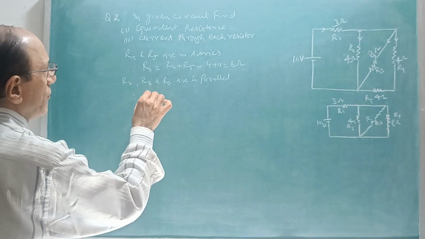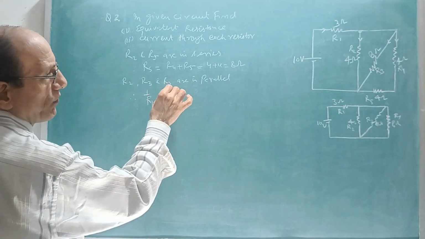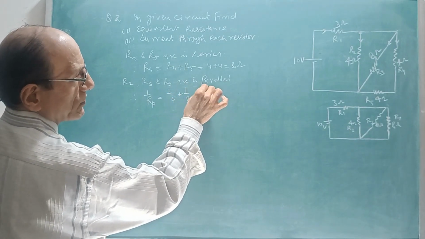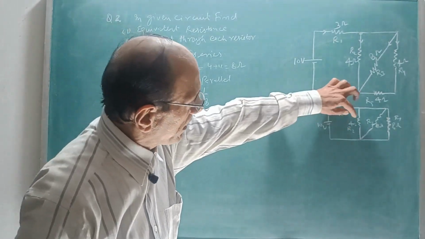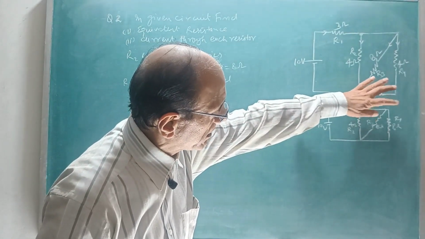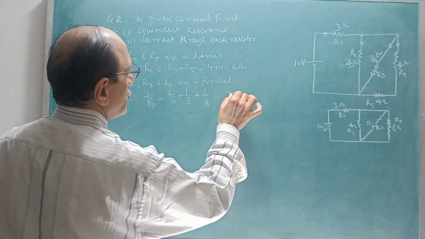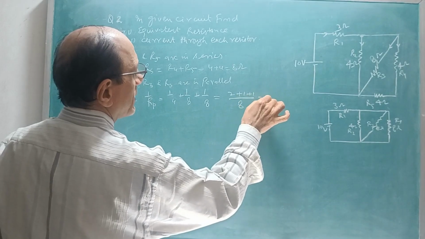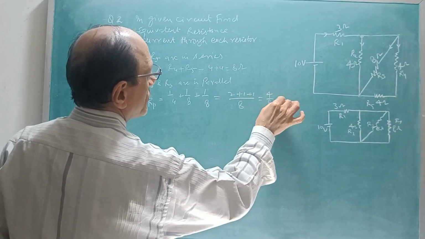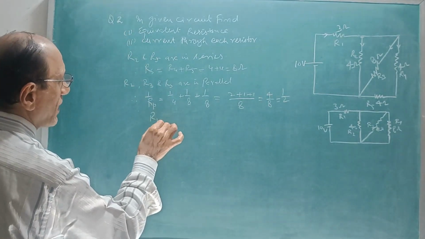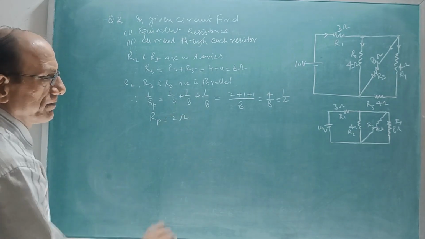Therefore 1 by Rp will be equal to 1 by 4 plus 1 by 8 plus 1 by 8, that is 1 by R2 plus 1 by R3 plus 1 by Rs. So that will become 2 plus 1 plus 1, that is 4 by 8, that is equal to 1 by 2, that means R parallel is 2 ohm.